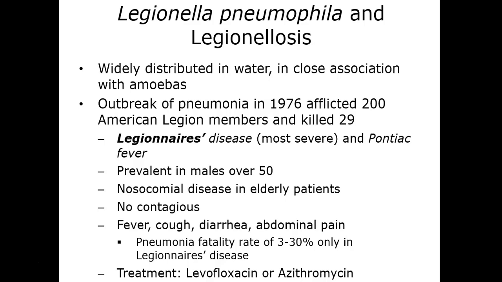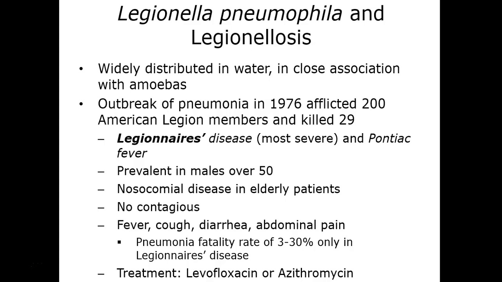Legionella pneumophila, which we mentioned earlier, is the causative agent of a disease known as legionellosis or Legionnaires' disease. It was first documented in the year 1976 at an outbreak at an American Legion convention, where about 200 people caught the infection, with 29 dying from it.